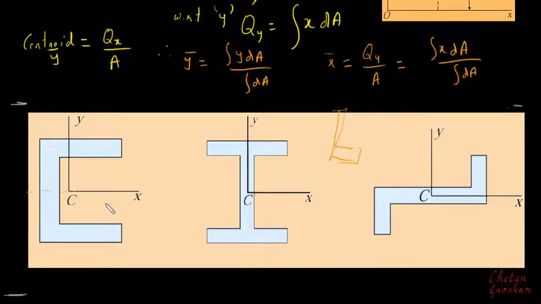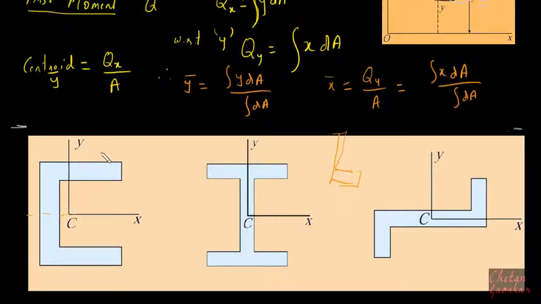The first moment about the symmetric axis will turn out to be 0, because on this side the value will be plus, on this side the value will be minus, and the integral or summation will be equal to 0. Since this is 0, we get y bar, which is integral of y dA by integral of dA, equal to 0. Therefore y bar is 0.